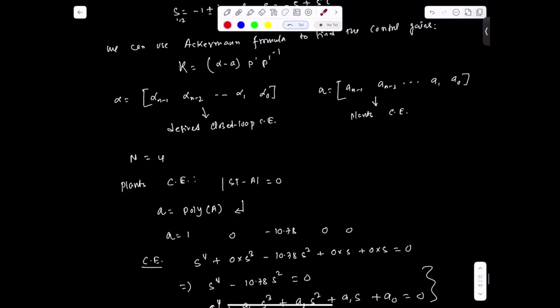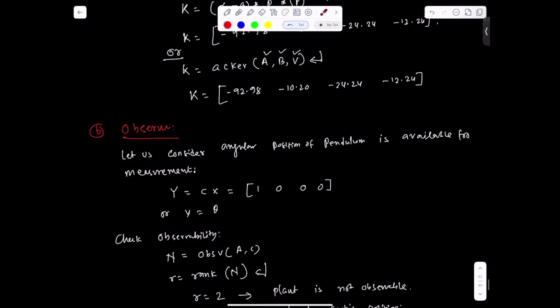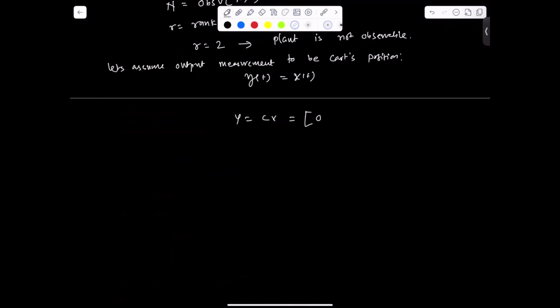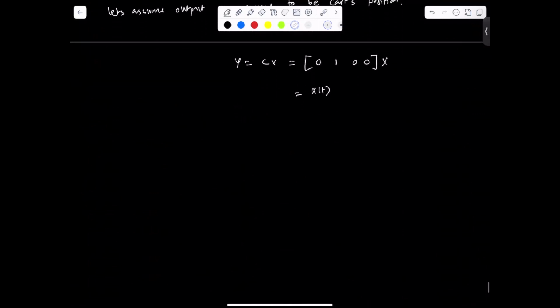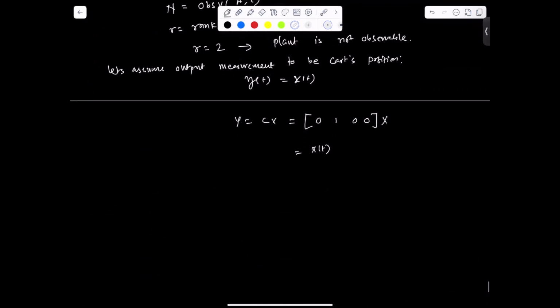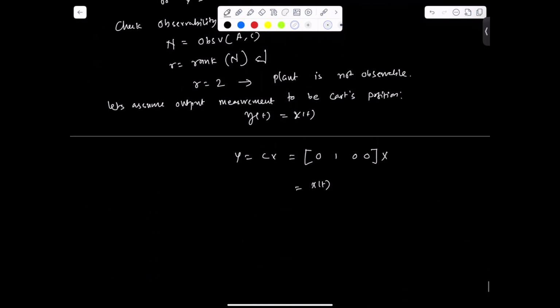So we can write the C matrix as 0, 1, 0, 0, and here we get only the cart position, right? Now again, let's check the rank of the observability test matrix.